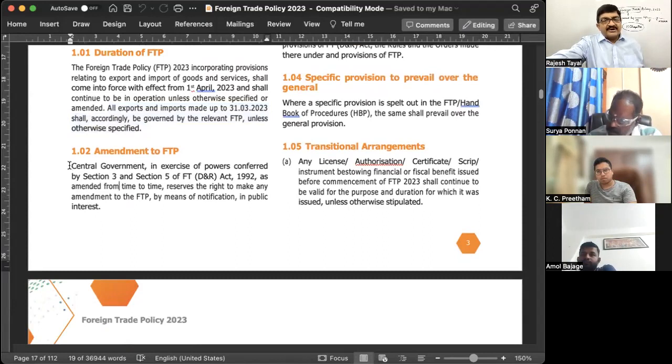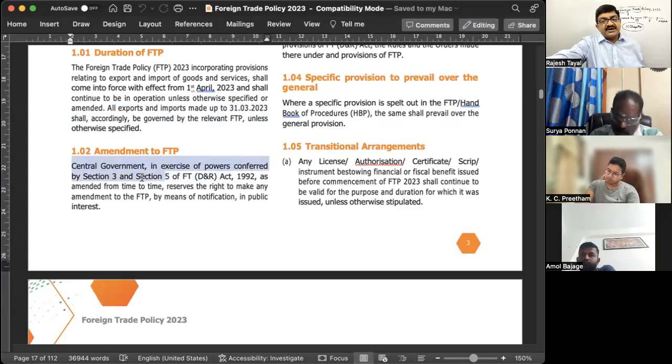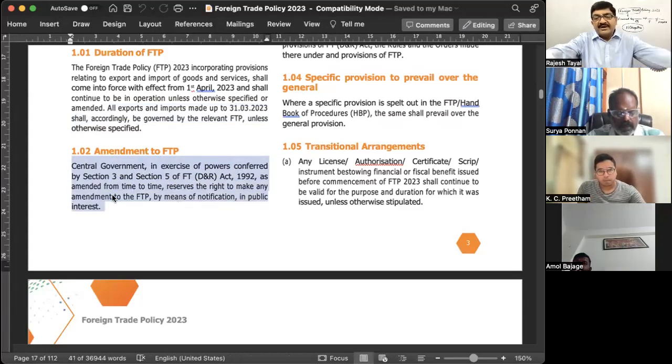The central government, in exercise of the powers conferred under sections 3 and 5 of the FTDRA, as amended from time to time, reserves the right to make any amendment in the FTP by means of notification in the public interest. Now, what are the points worth noting?